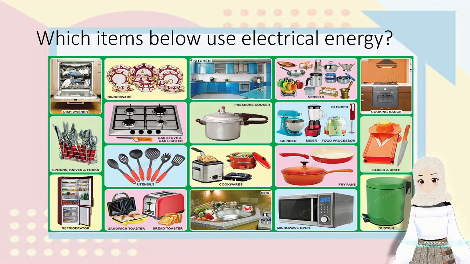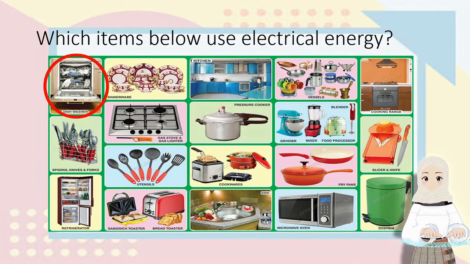Okay, the first item that uses electrical energy is a dishwasher. A dishwasher is used to wash dishes. It can wash plates, cups, bowls, but it doesn't really exist a lot in Brunei. Ada pulang tapi mahal. Mostly this is used in America.